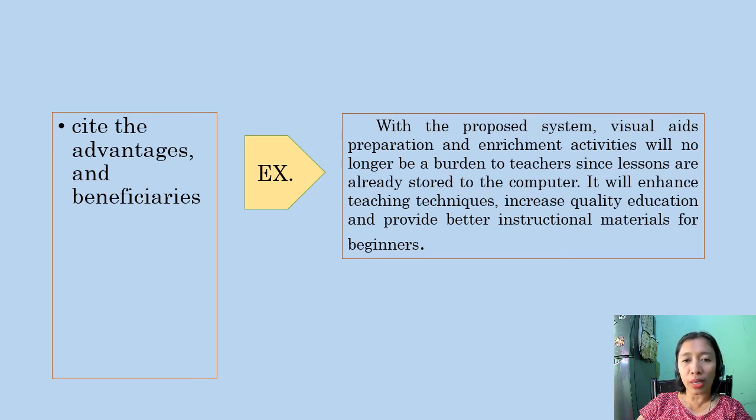So this is one advantage. It will no longer be a burden to teachers since lessons are already stored in the computer. Also, it will enhance teaching techniques. Okay, so this is again another advantage. It will increase quality education, and that is the most important advantage.